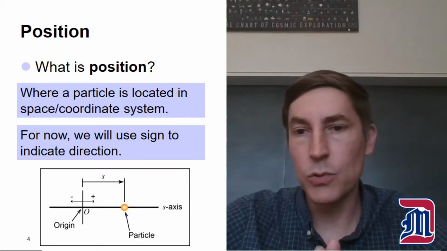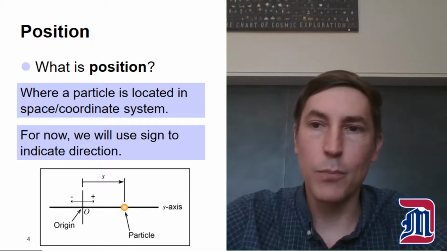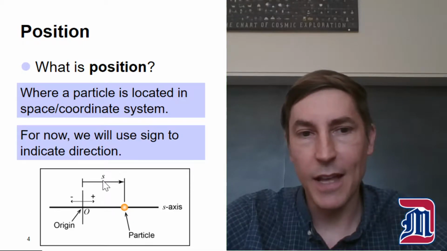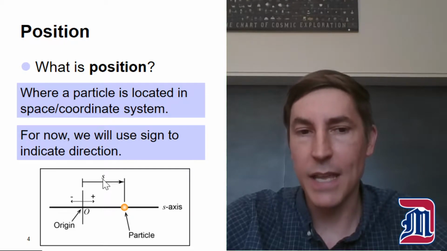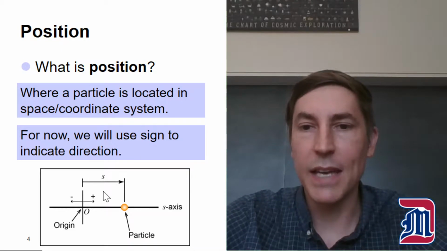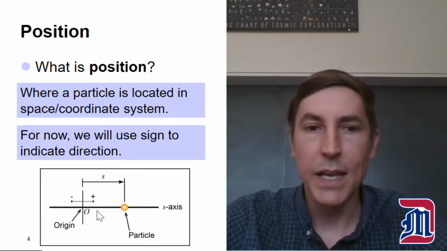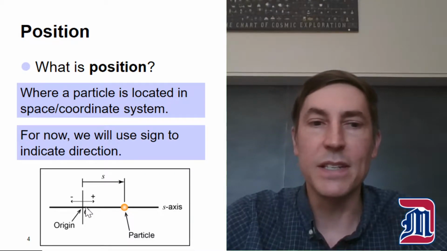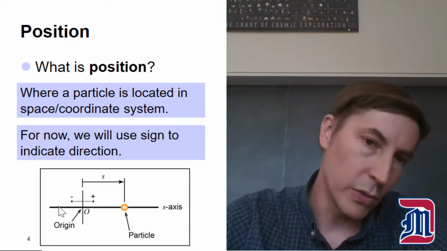And we're not going to use bold. We're not going to put an over bar. It's written just as an S, like a scalar. And so the way that we are going to indicate direction in this case is with sign. So if it's positive 6, it's 6 units to the right. That's the direction. If it's negative 6, it's 6 units to the left.